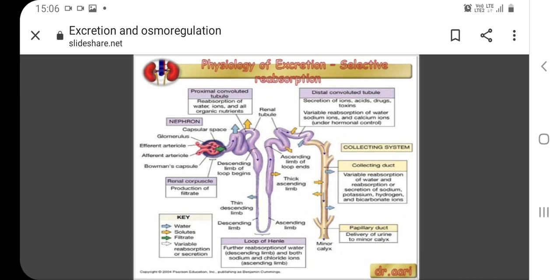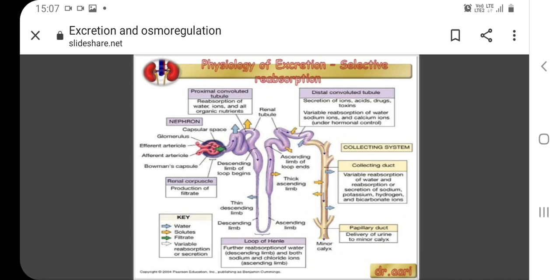The proximal convoluted tubule reabsorbs ions, water, and nutrients from the filtrate into the interstitial fluid and actively transports the toxins and drugs from the interstitial fluid into the filtrate.